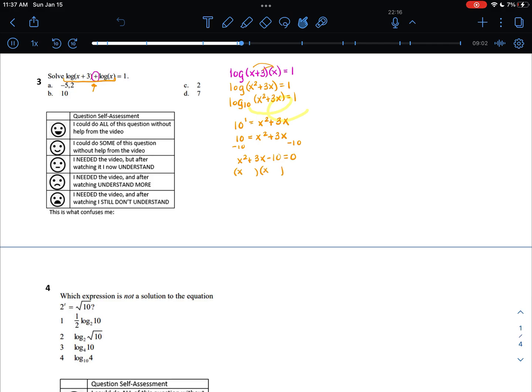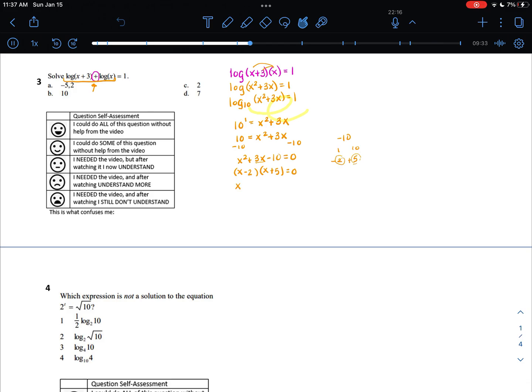I'm going to look at my negative 10 and think of the factors. I can do 1 and 10, 2 and 5. It's going to be one of those, but it's got to give me a positive 3x. So I'm going to pick the 5 and the 2 and make the 5 a positive and the 2 a negative. So I have x minus 2 and x plus 5 equals 0.